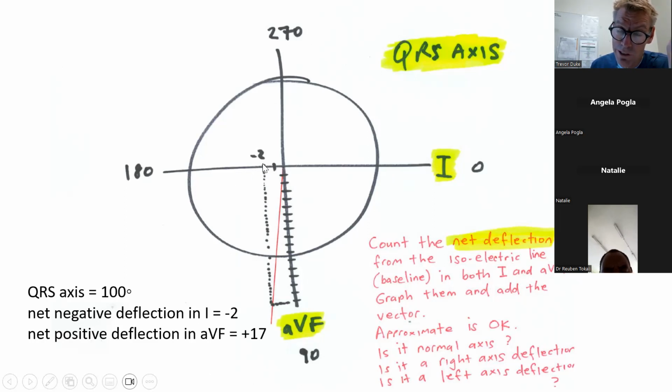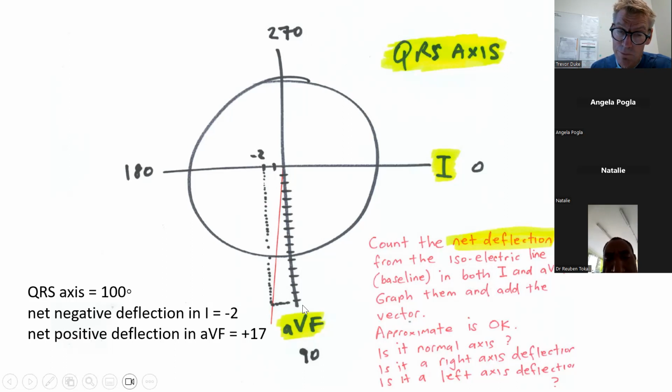All right. So the net deflection in lead 1 is negative, -2. And the net deflection in lead AVF is positive. So it's coming down here, +17. So that's all you do. It doesn't have to be exact. You try to do it as exactly as you can by just using your eyes and just writing it down.